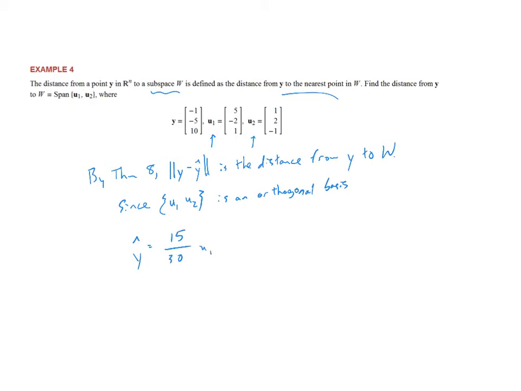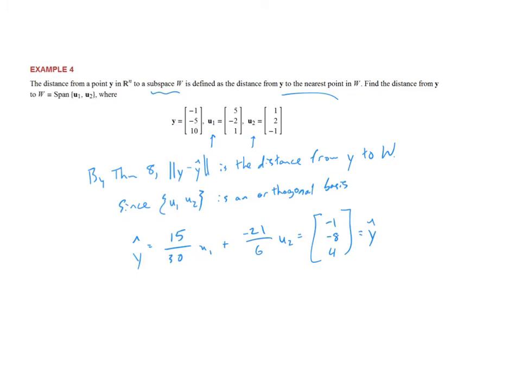That's y dot u1 over u1 dot u1, which is 15 over 30, plus negative 21 over 6 times u2, y dot u2 over u2 dot u2 times u2. And when you simplify all of that mess, negative 1, negative 8, and 4. That is our y hat vector.